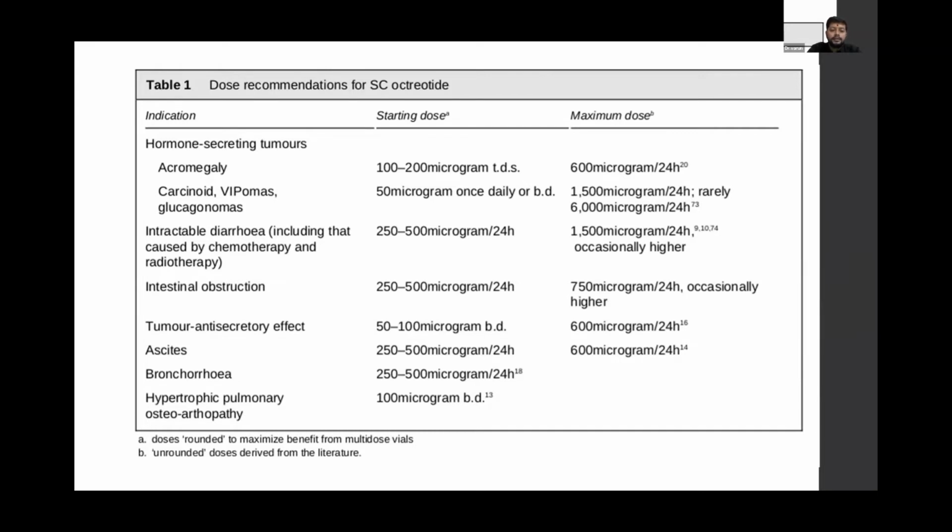For intestinal obstruction, it can be used as 250 to 500 micrograms over a 24-hour infusion, maximum dose 750 micrograms. Tumor anti-secretory effect is at 50 to 100 micrograms twice a day, and for ascites or bronchorrhea, it can be used as 250 to 500 micrograms per 24 hours.